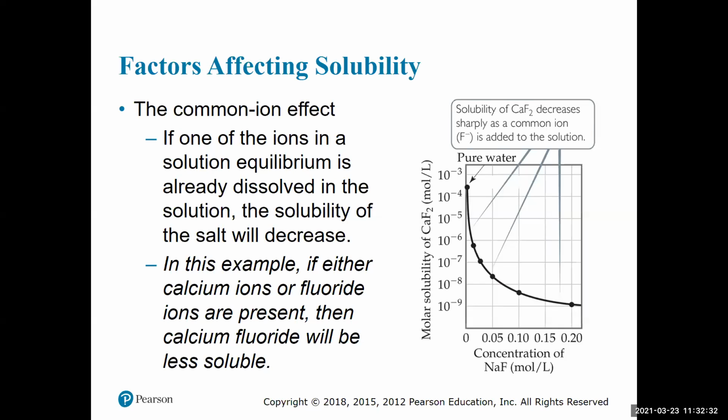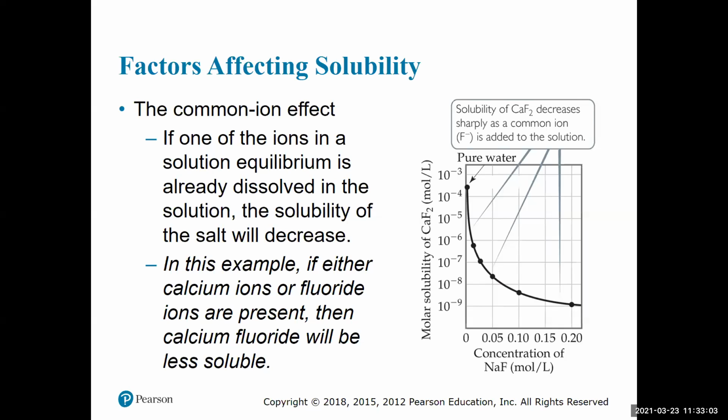It means if you introduce one of those ions that's in that KSP expression, it's going to decrease the solubility. In this plot here, we have calcium fluoride, CaF2, and we see that in just water, the concentration is between 10 to the minus 4 and 10 to the minus 3. Then on the x-axis, we're adding some sodium fluoride.